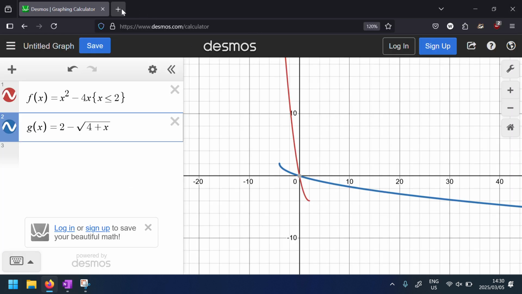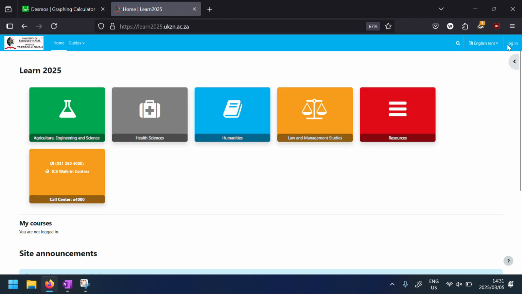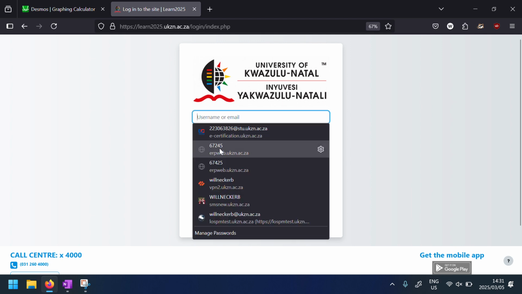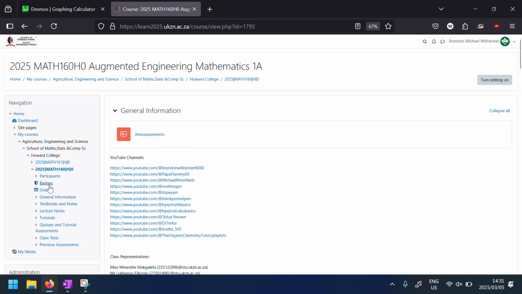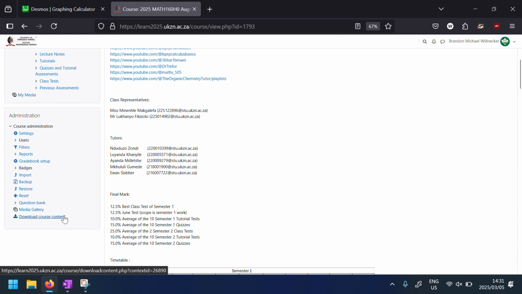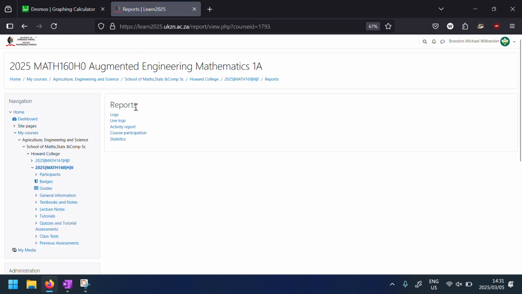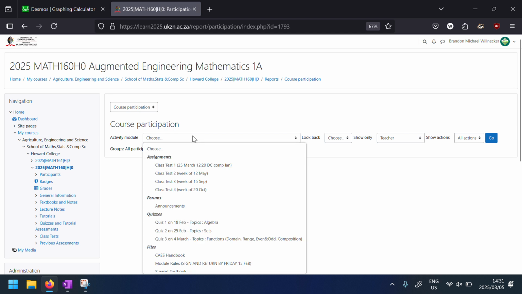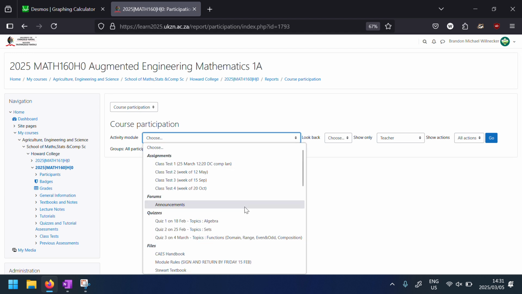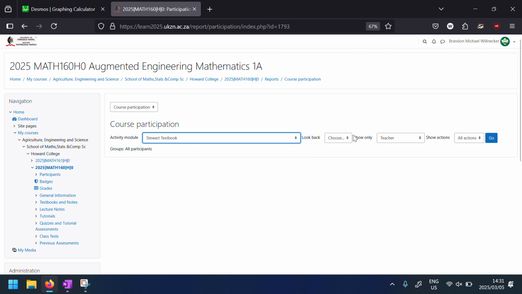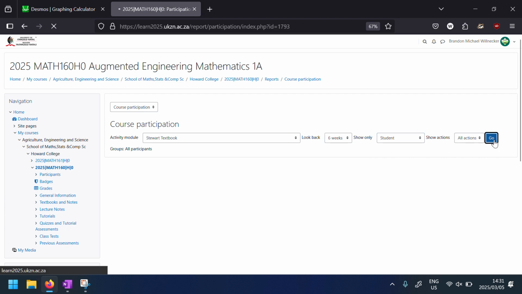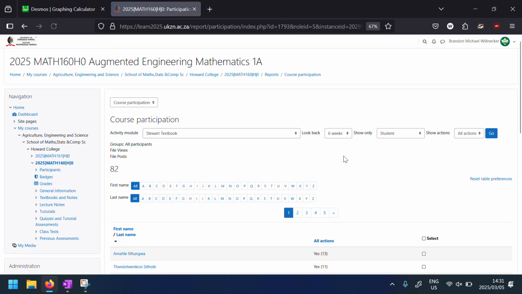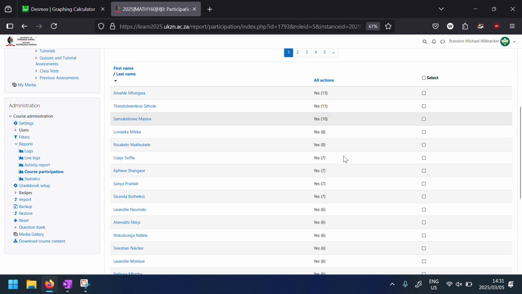And then just a little note. What's really nice about this learn page, let's go to the textbooks, your textbook, student. I can see who's been looking at the textbook, which is quite nice.